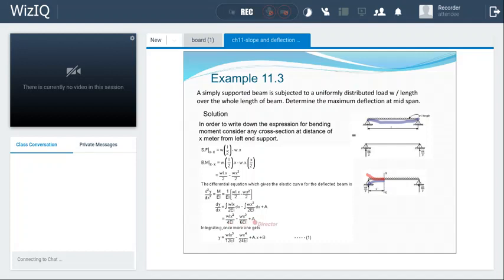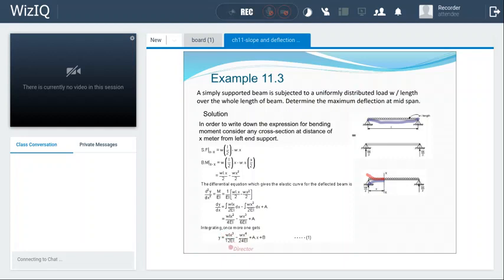So this is a constant. We can calculate it in the similar way as we have done, but the boundary conditions will be different because there is no fixed support here. Both supports are simple supports here. Now integrating once more, we get y. When we integrate dy by dx, we will get y equal to WLx cube, and then in the denominator 3, so 3 into 4 will make it 12.